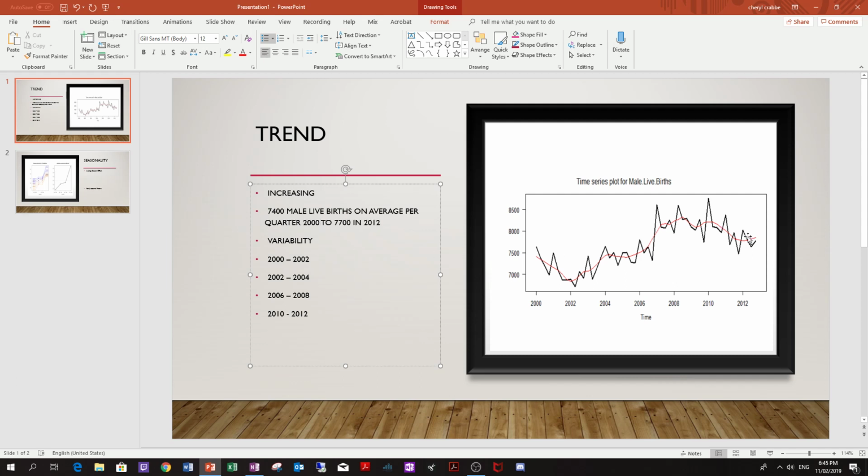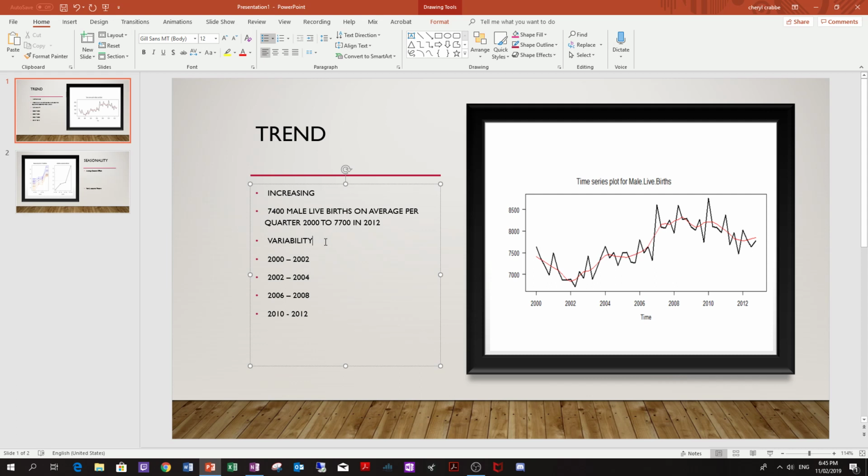I don't know. It may be higher than 7,700, but I'm just estimating from the graph, and you can take a straight edge and do that. To about 7,700 in 2012 on average per quarter. And that's just a little blurb to remind me that that's what I want to say. You've got to make sure that you do that over the time, and that you identify that it's quarterly data and so on.